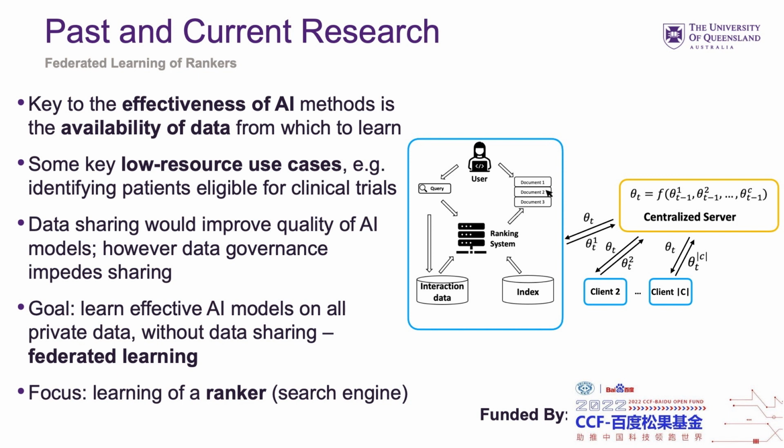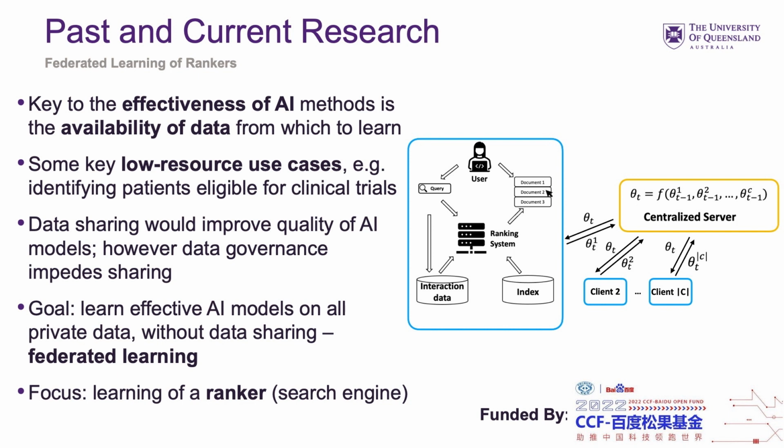And a third area I want to highlight, so I went from consumers to medical practitioner, and the third area I want to highlight is work we have done from a system perspective. And with this respect, you all would know that key to the effectiveness of artificial intelligence is the availability of data. It's the availability of a large amount of data.